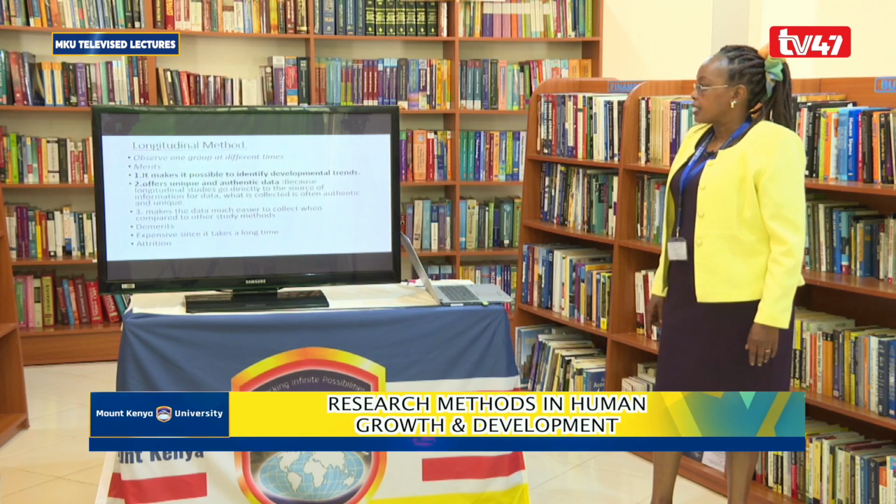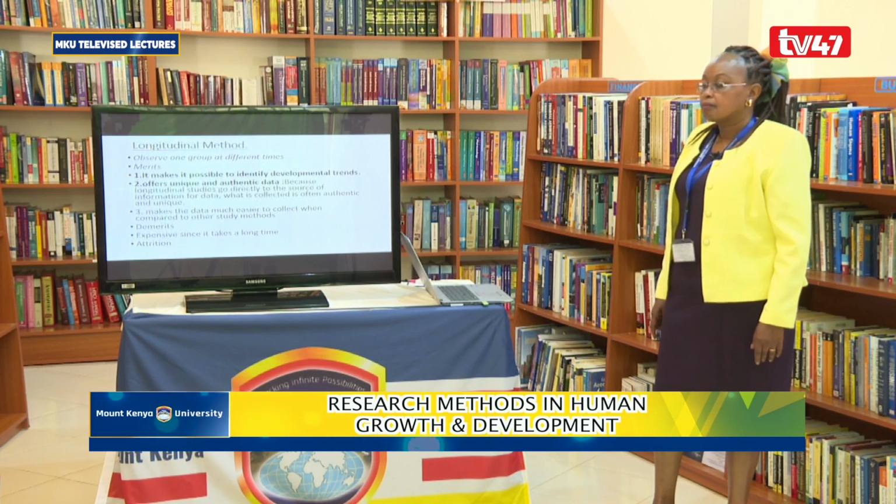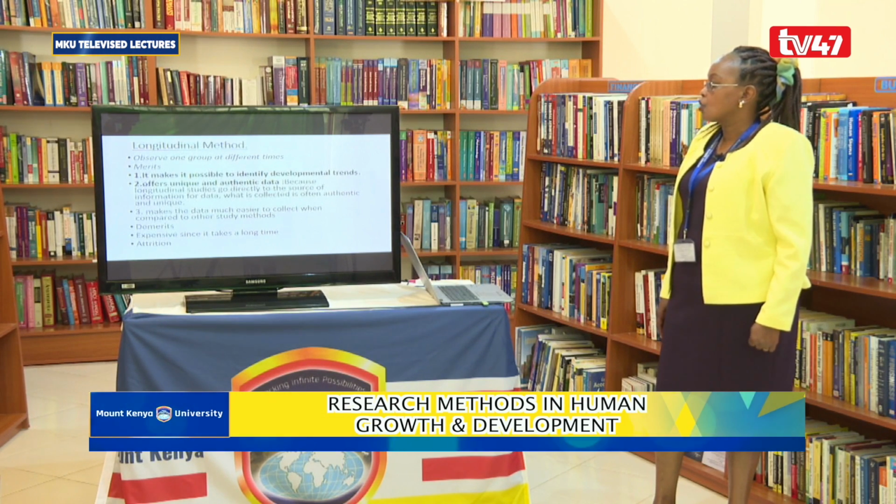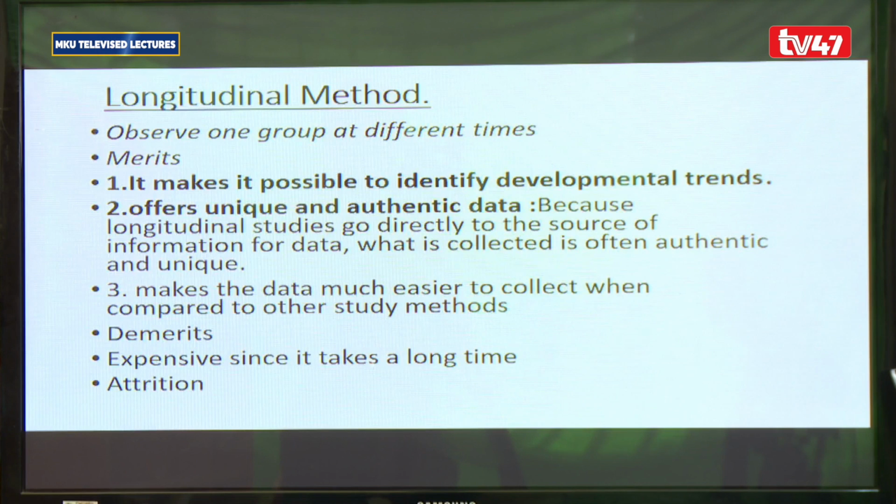The other method that I would want you to learn is what we call the longitudinal method. Now, as the word suggests, longitudinal, we start with the first 4 letters. Long means something that is taking a long duration.